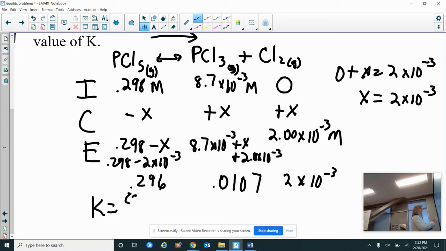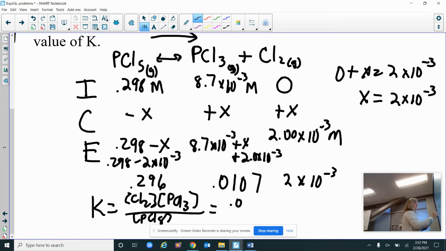So the concentration of Cl2 times the concentration of PCl3 over the concentration of PCl5. We now have all those amounts. So it's 0.0107 times 2 times 10 to the minus third divided by 0.296.